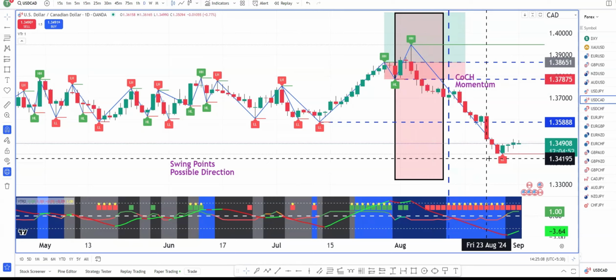That is because we are following the swings. We are following the breakouts. Breakouts with momentum is what is going to give money in your pocket.